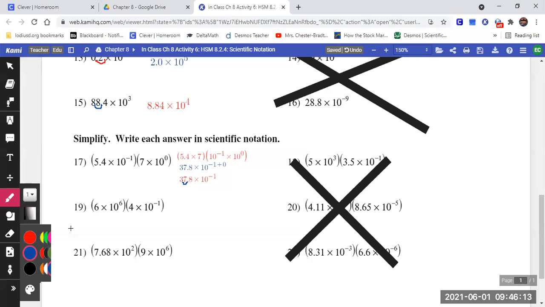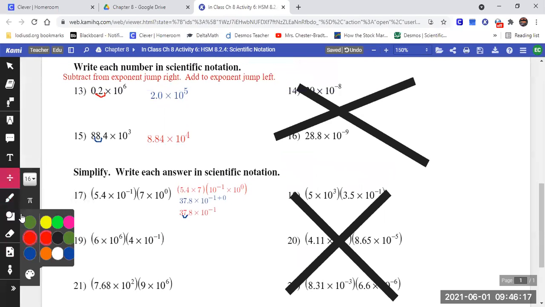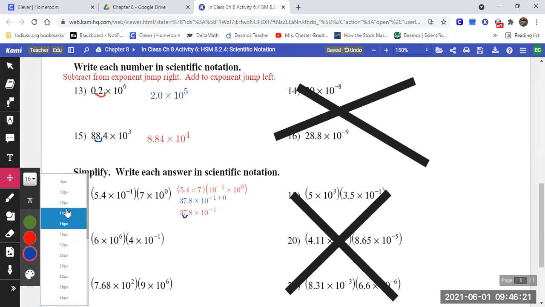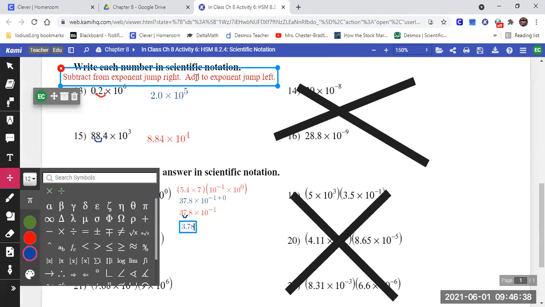Which direction did I jump? We jumped left. So what are we supposed to do with our exponent? According to this, if I jump left, I add to my exponent however many jumps I jumped.